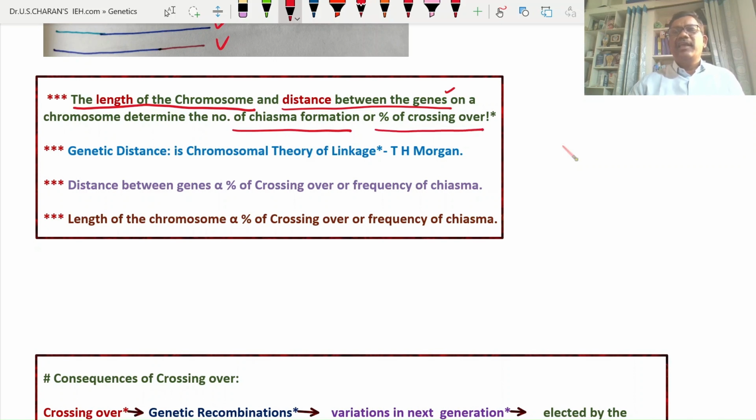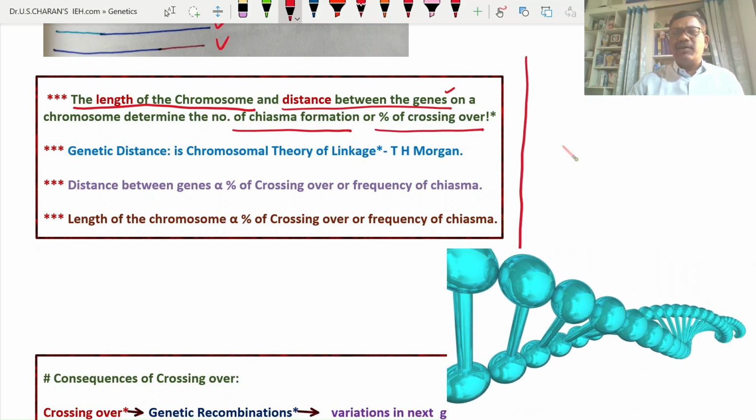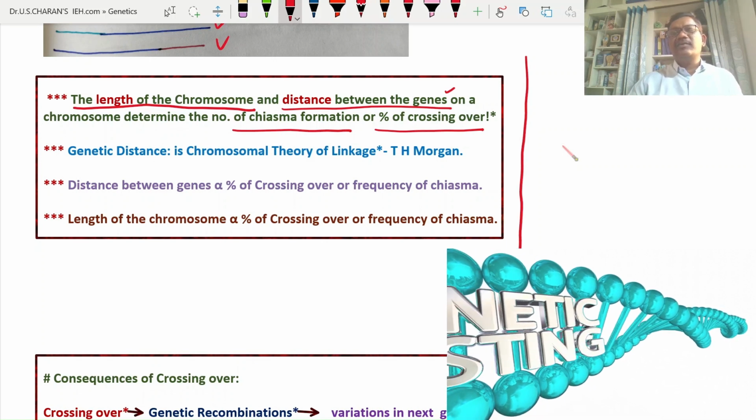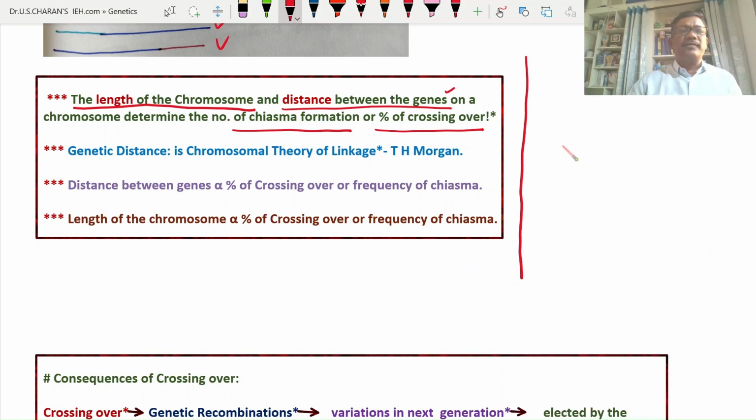How is this? If the chromosome is long, there is more chance for many crossing overs. So if the length of the chromosome is long, many chiasma are formed. If the chromosome is short, very few chiasma are formed.